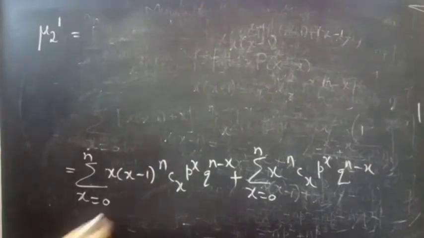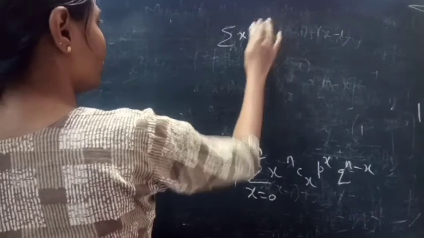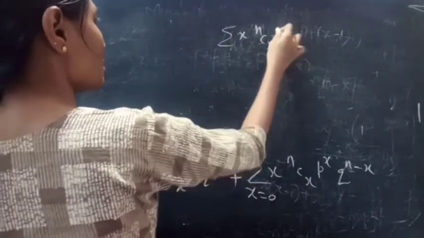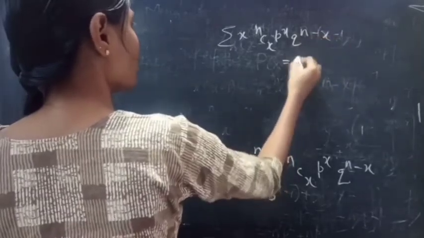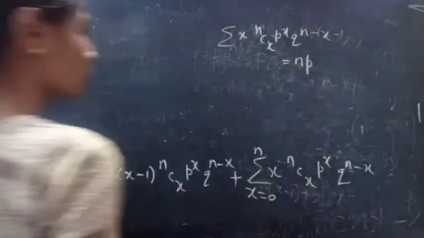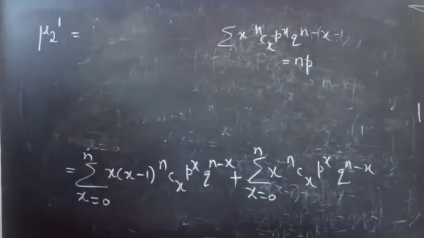Since from the first moment, summation x into ncx p power x into q power n minus x equals np, here you can replace the second term by np.